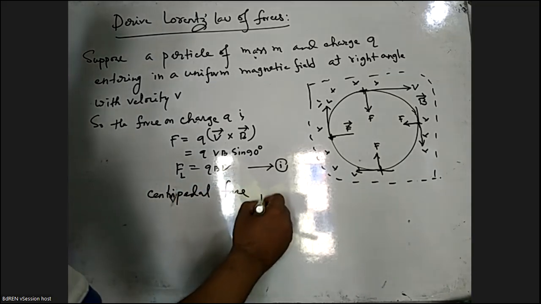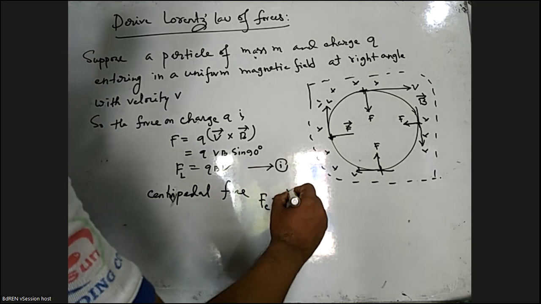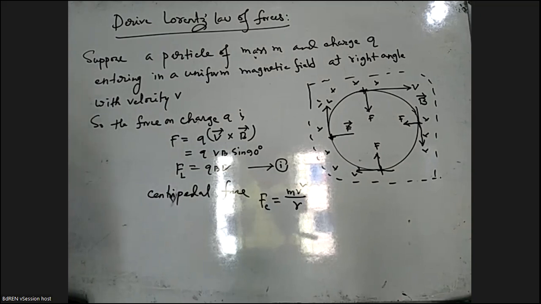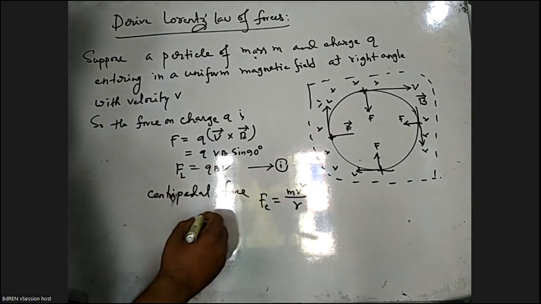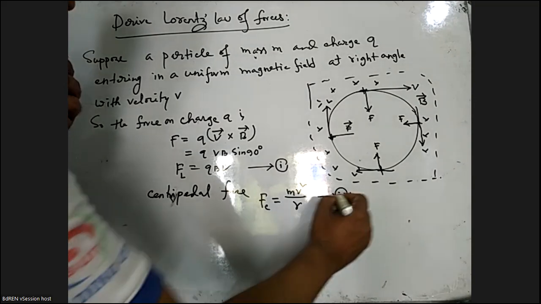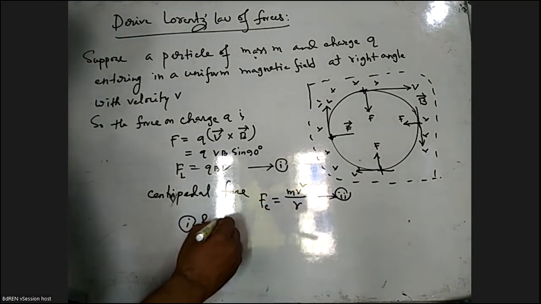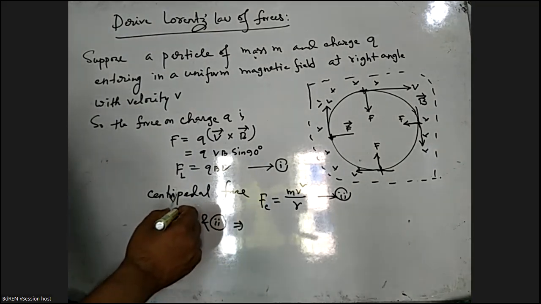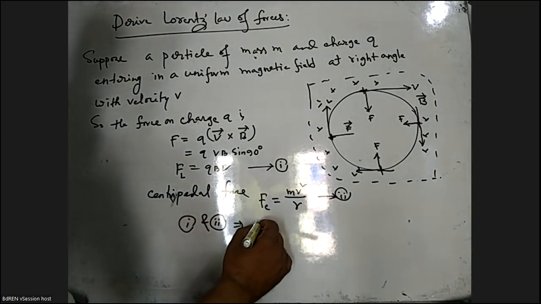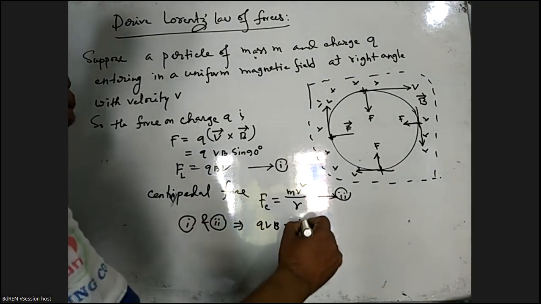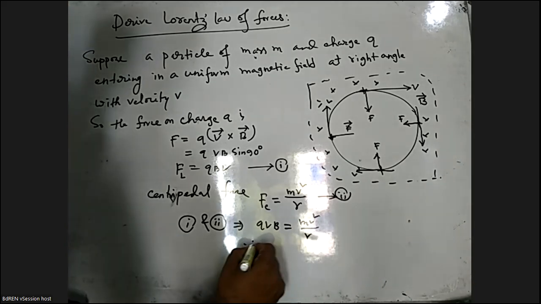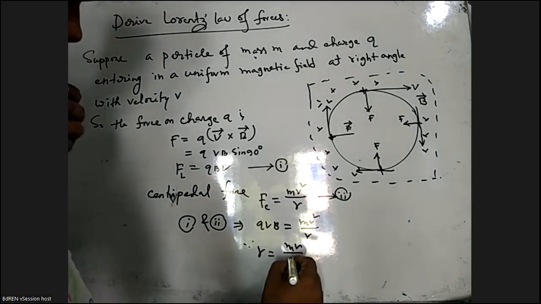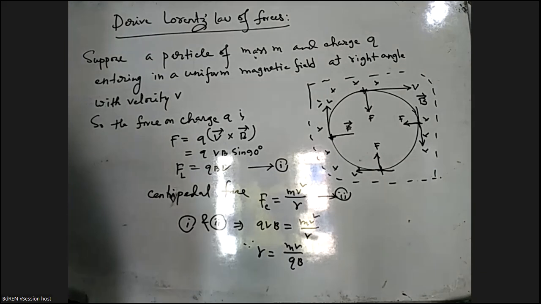Centripetal force will be m v square by R. So from equations 1 and 2, we can write qvB equals m v square by R. This is why R equals mv divided by qB.